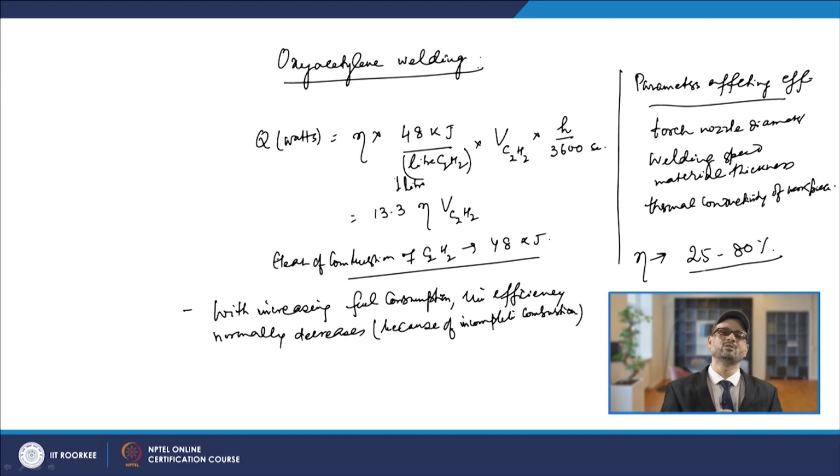Even the speed matters, because if you go fast, it is not able to increase the temperature in a certain localized zone. These are the typical parameters affecting the thermal efficiency of these processes.